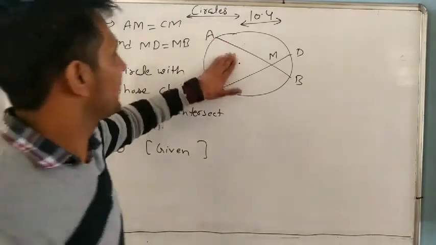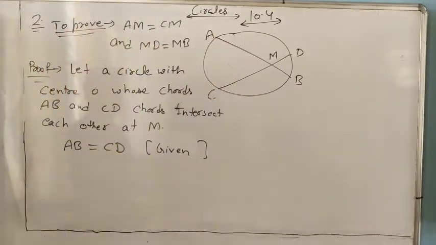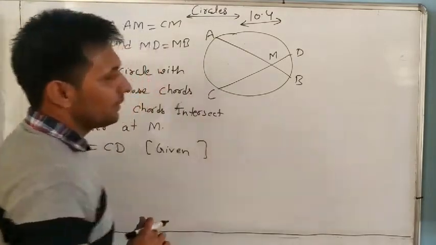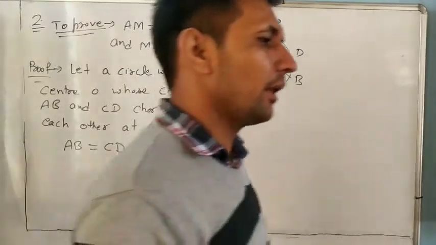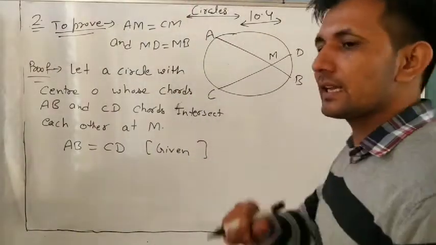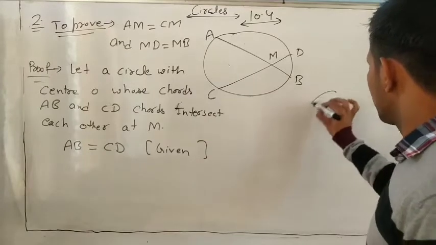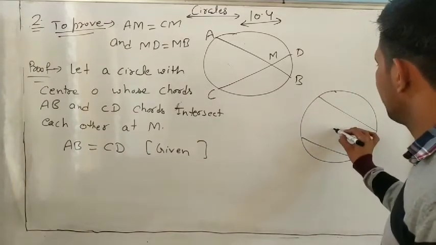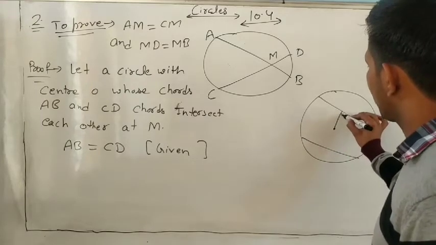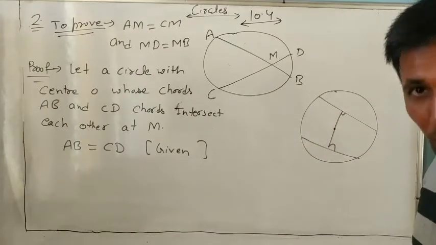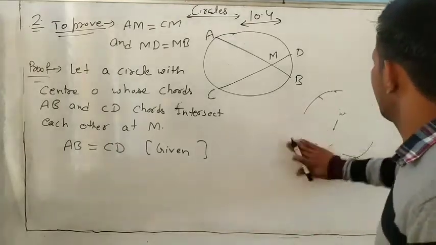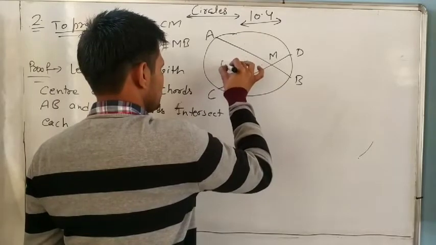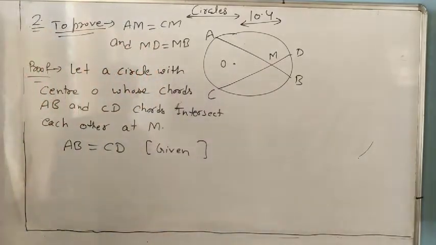Now we want to prove that AM equals CM. First tell me, if in any circle two equal chords are given, what is the property? The distance from the center to the chords is always equal.